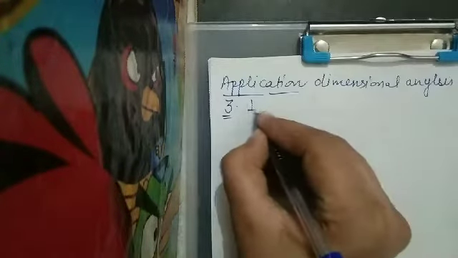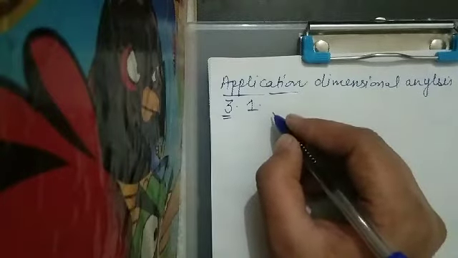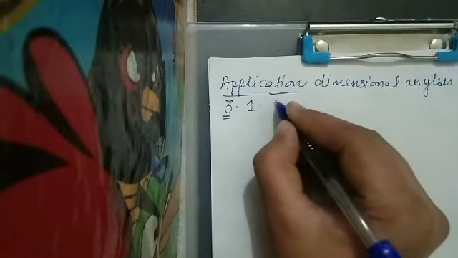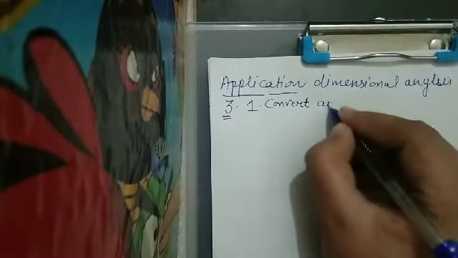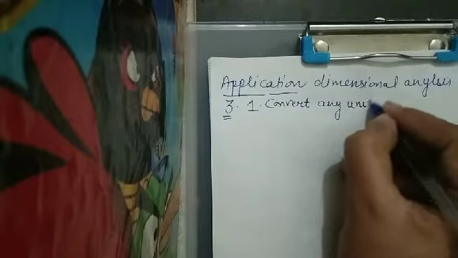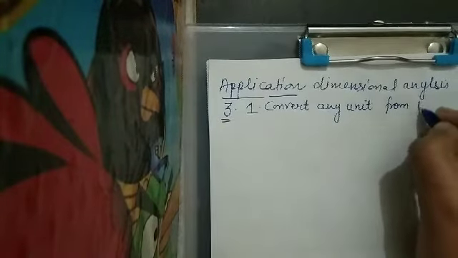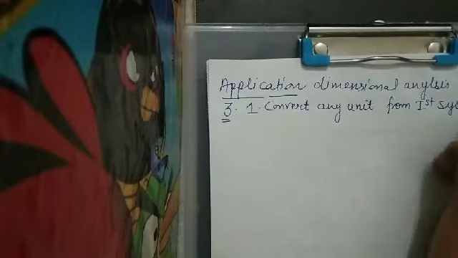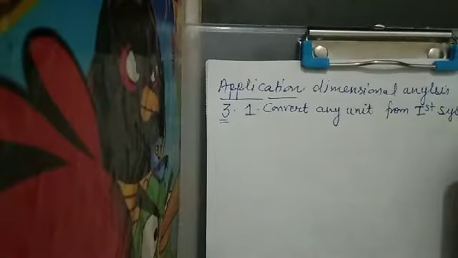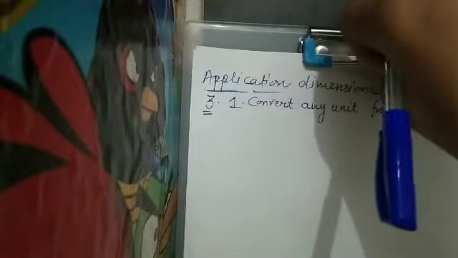What are these? By using dimensional analysis or using dimension of physical quantity, we can convert any unit from one system to another. It means system of units can be changed from one system to another. Okay, it is our first application.